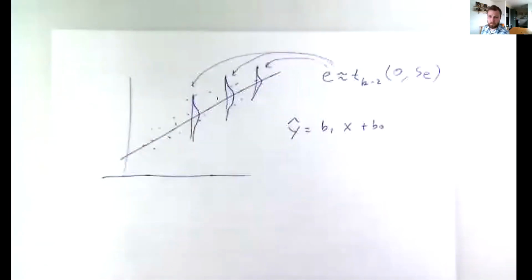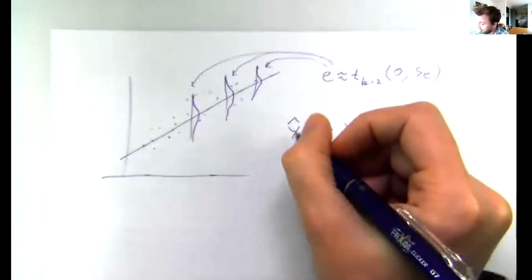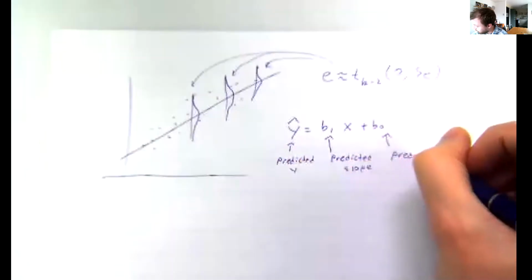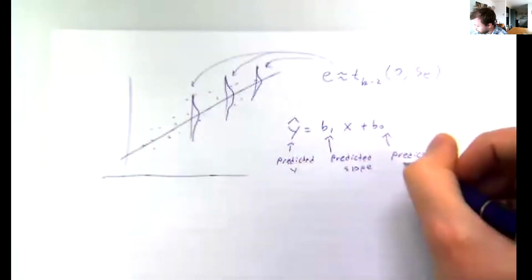My line looks like y hat equals b1 x plus b0. My y hat is my predicted y value. My b1 is my predicted slope. And my b0 is my predicted y-intercept.